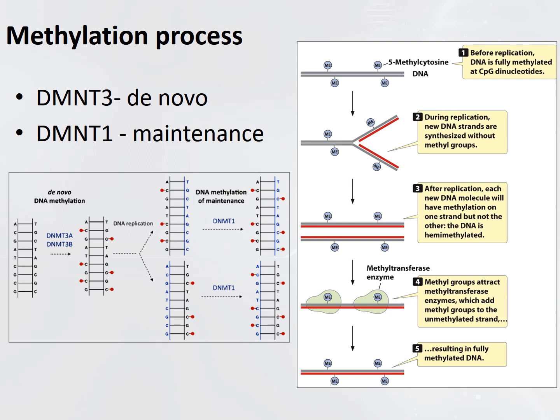However, maintenance methyltransferases, DNMT1, will add corresponding methyl groups in order to match the original methylation pattern, and in the end, the newly replicated DNA will become fully methylated.